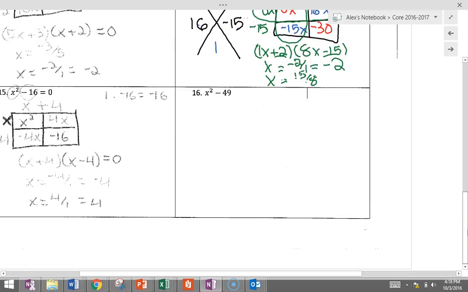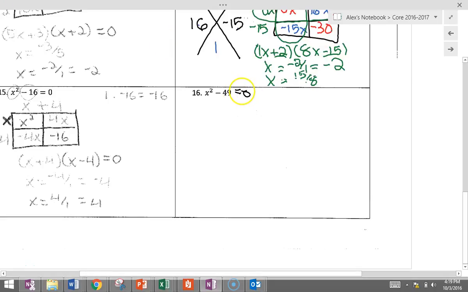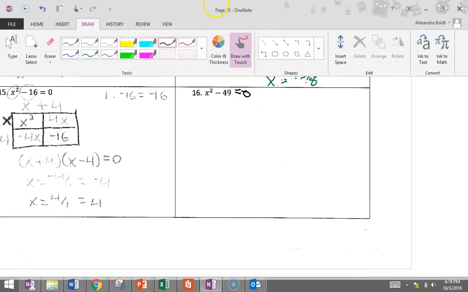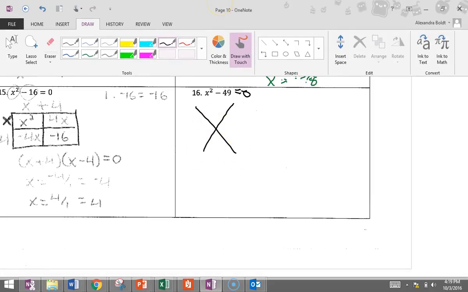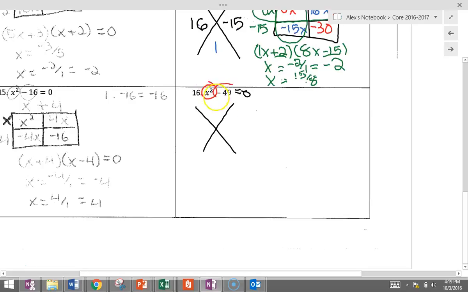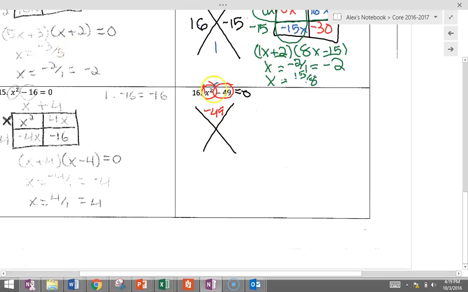Alright, for our last problem, I have x squared minus 49, and this one should say equals 0. So I have my x, sorry, not my box. On top, I have my first term and my last term, which is 1 times negative 49. On bottom, there is no number here in the middle.